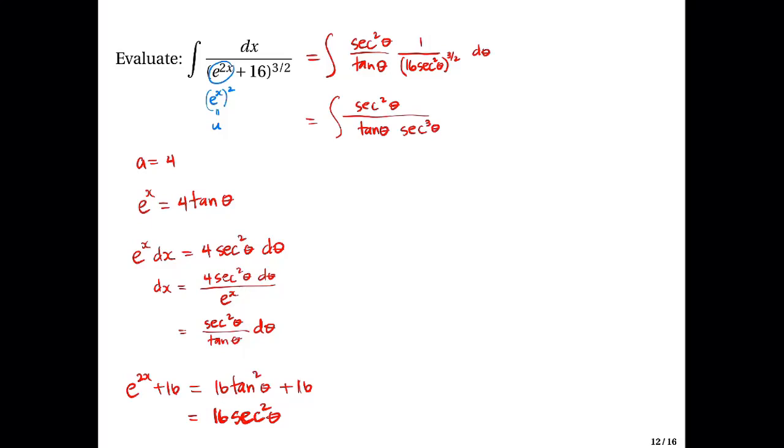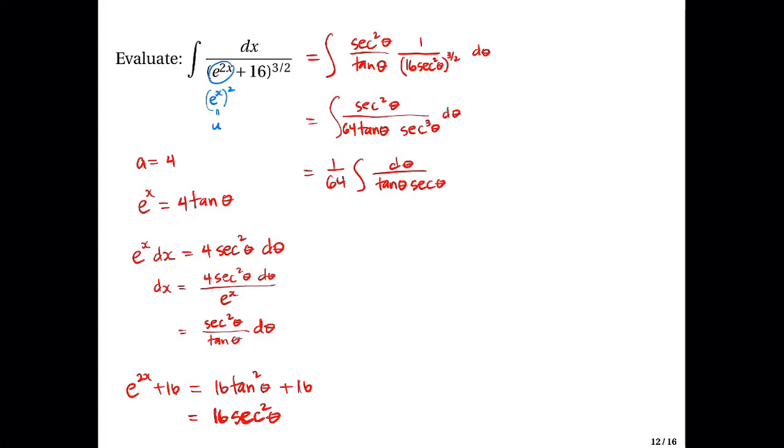And of course, 16 raised to 3 halves, that's 4 cube. That's 64. And then you have your d theta. So if we simplify this, it is 1 over 64 integral 1 over tangent theta secant theta d theta.